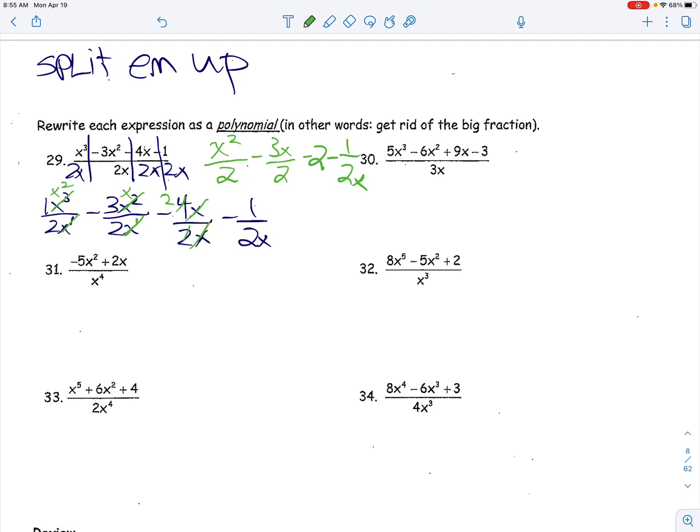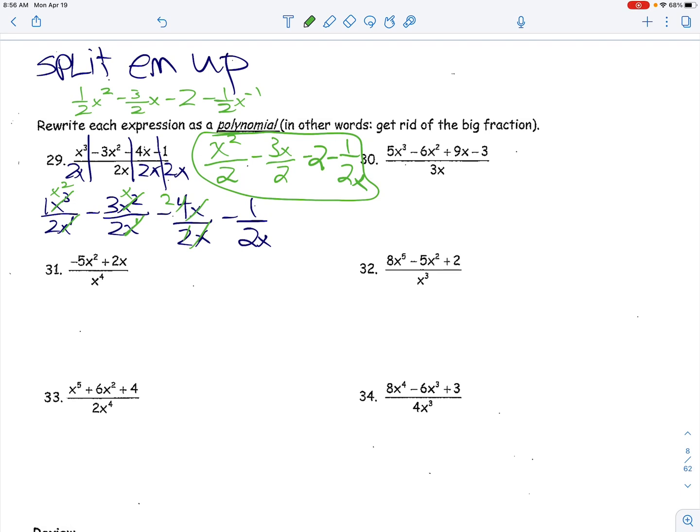You can bring up the x and tidy it up and make that 1/2 x to the negative first power. You can do that, but you don't need to. It's fine. What do I mean? If you want to tidy this up, like x squared over 2, make that 1/2 x squared minus 3/2 x minus 2 minus 1/2 x to the negative first.